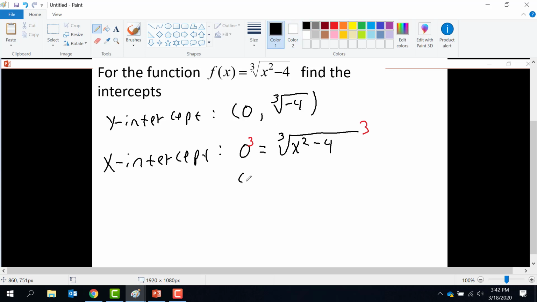And this will give us 0 is equal to x squared minus 4. Then we can add 4. And then x is equal to plus or minus 2. So we have y-intercept of 0, cube root of negative 4, and x equals plus or minus 2.